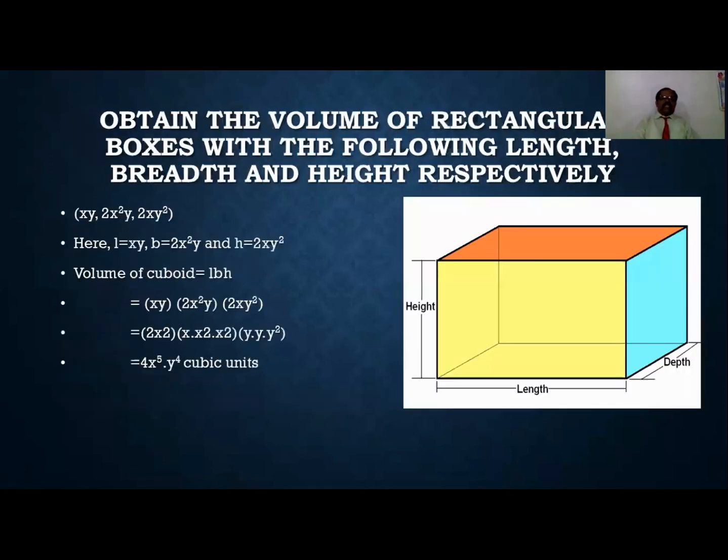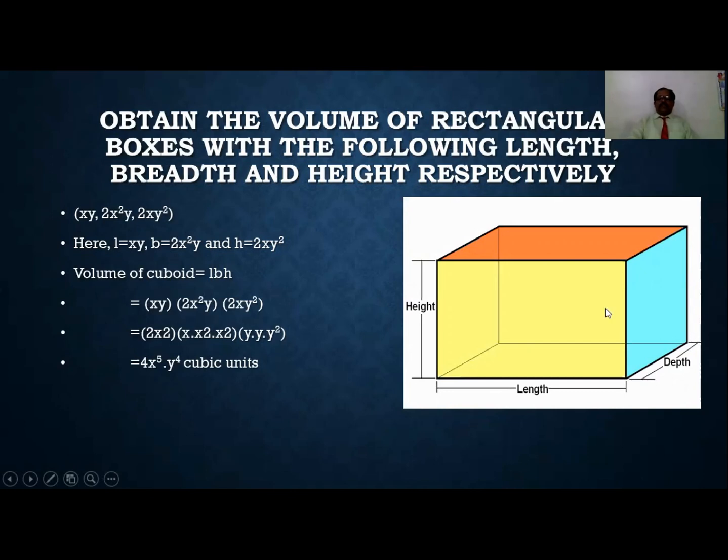Similarly, the next one is to find the volume of a rectangular box or cuboid with the following length, breadth and height respectively. Let's see the first example. See the diagram here. What is the diagram? This diagram is nothing but the cuboid or a rectangular box which has three dimensions. One is the length, another one is the depth, or we can say breadth, and this one is the height.